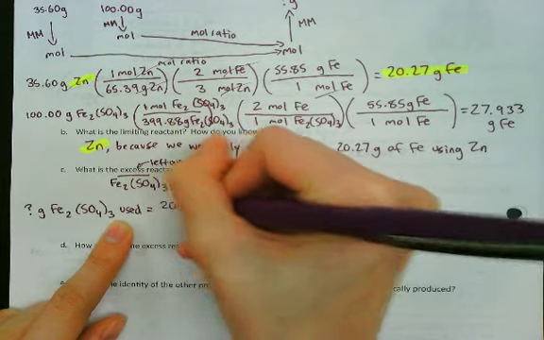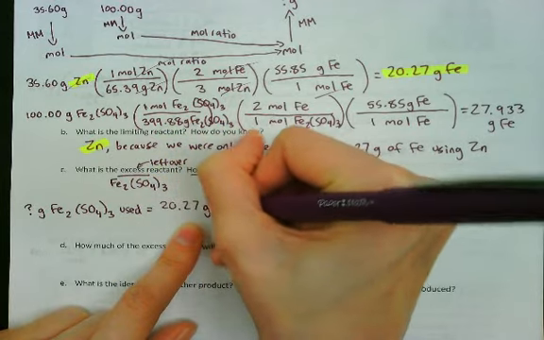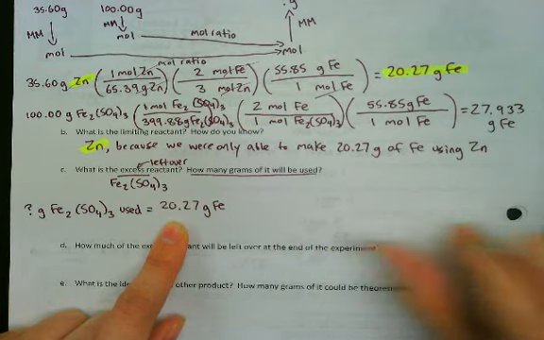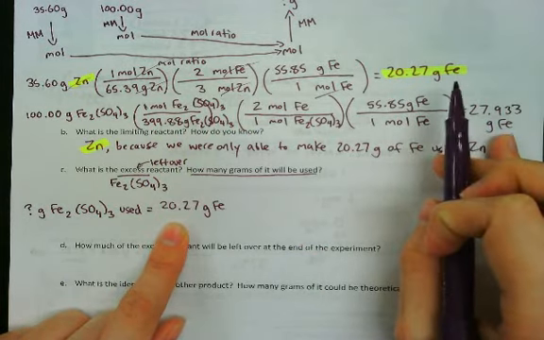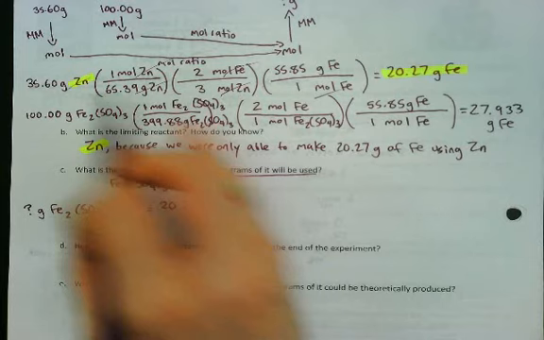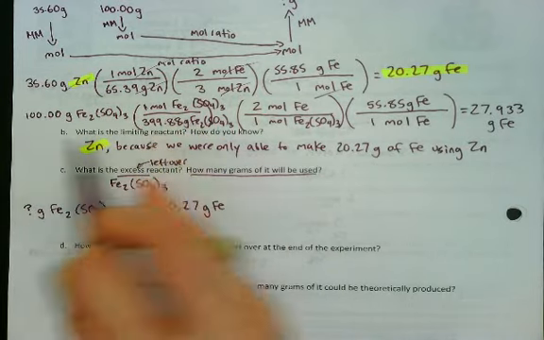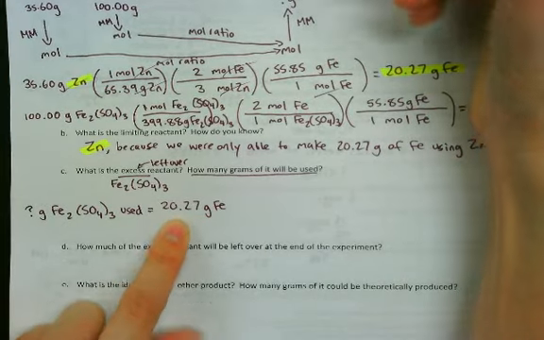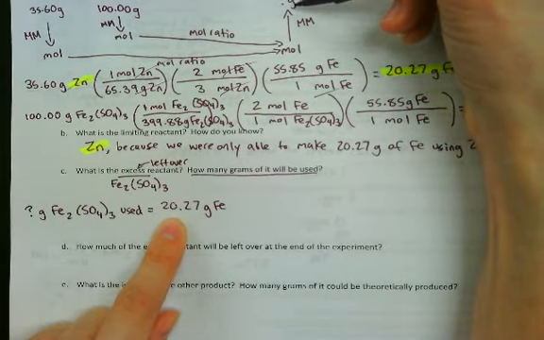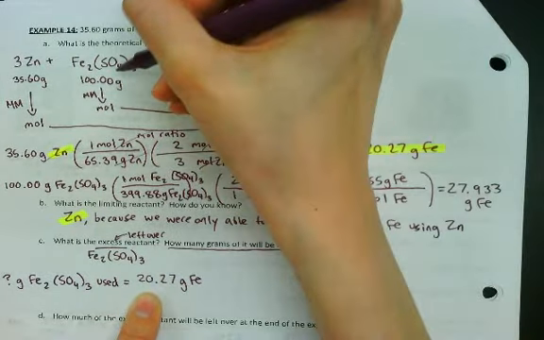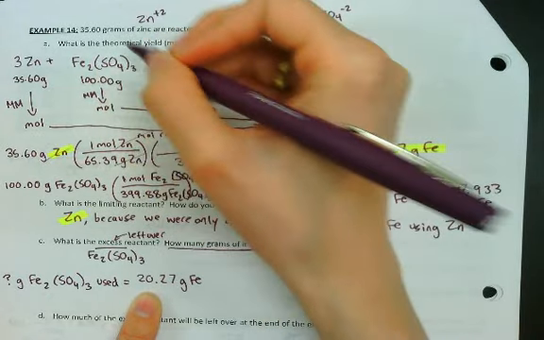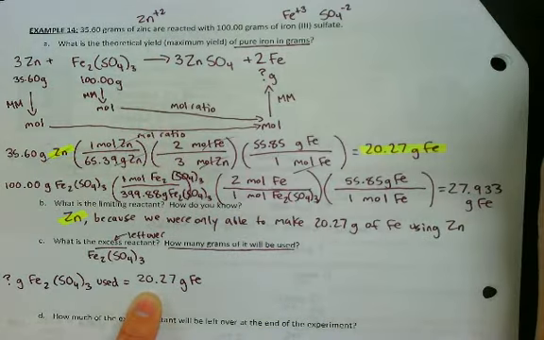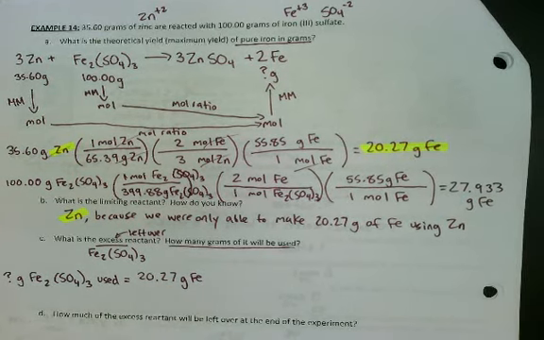So we're going to take our 20.27 grams of iron and work backwards, because 20.27 grams of iron is all we are able to make when we have these amounts of reactants. We're going to figure out from 20.27 grams of iron, how many grams I used up of my iron 3 sulfate in the process of making that 20.27 grams of iron.